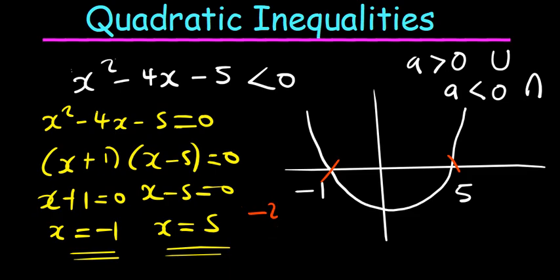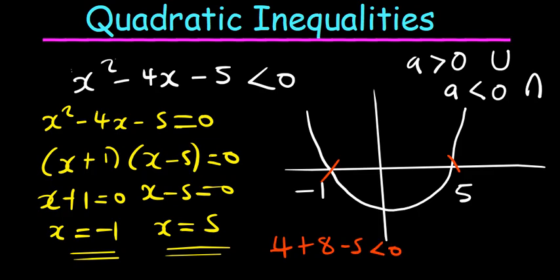If I get -2 and I put it in the equation, I'm going to have 4, then plus 8, then minus 5 is less than 0.